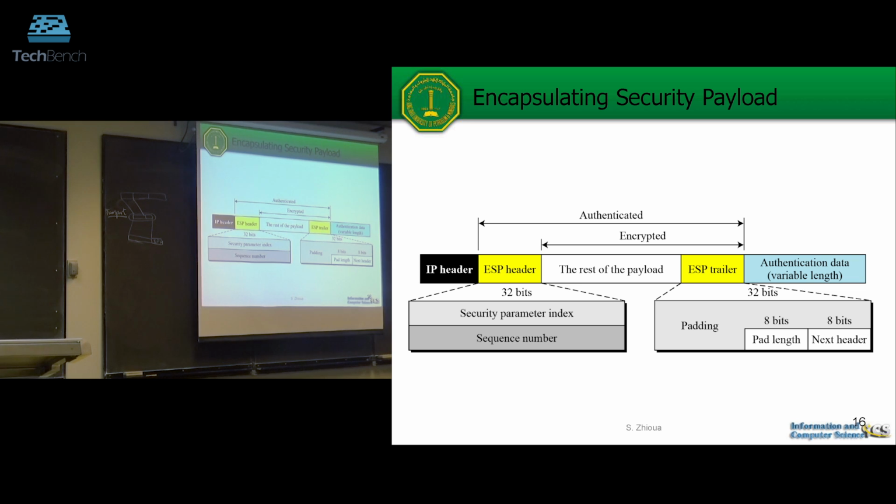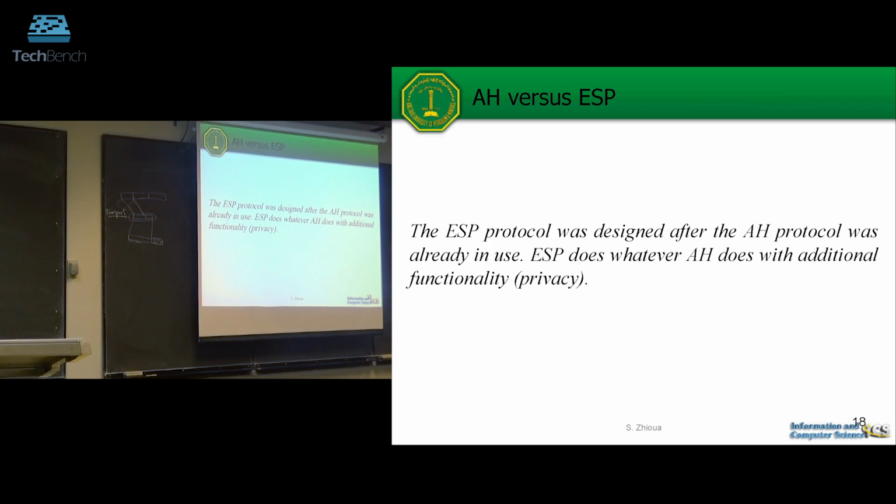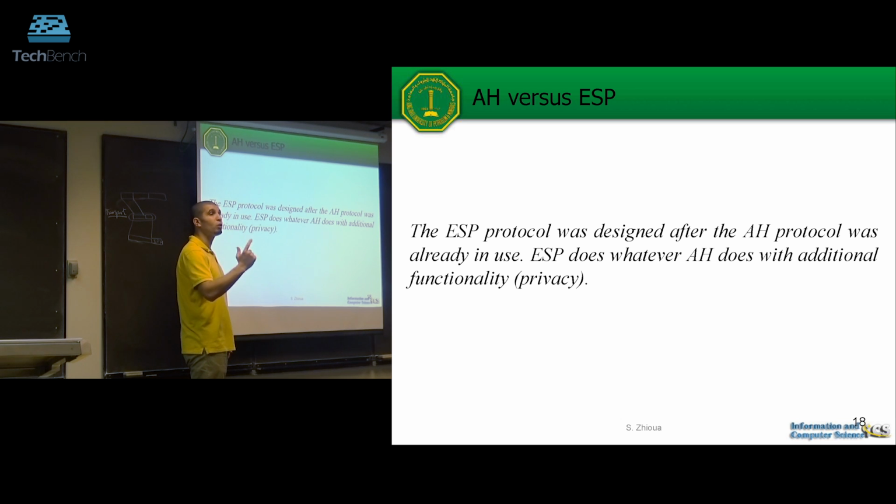Now you tell me, okay, why do we need two? The ESP is much better. It has all the features we need, all the three security services. So basically, why do we need two of them? Initially we had just the authentication header protocol. When we designed IPsec, we had just that protocol, and people started to use it.